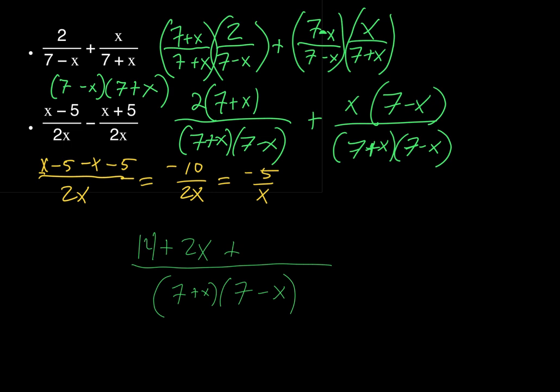So now it'll be plus, and then distributive property, 7x minus x squared. Combine like terms, negative x squared plus 9x plus 14.